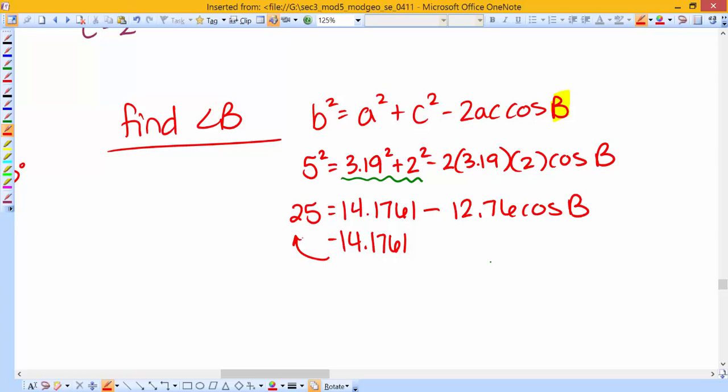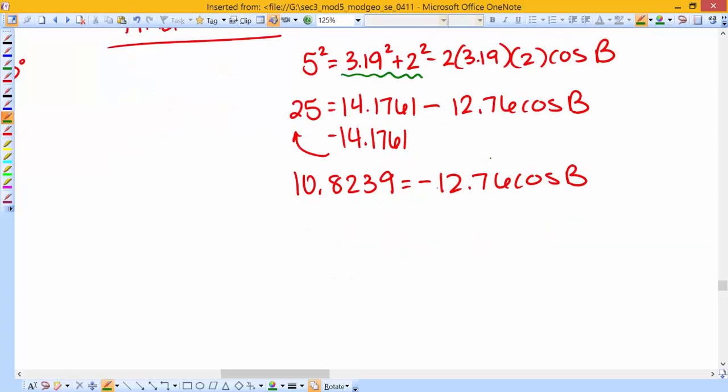25 minus 14.1761. And I have 10.8239. Notice I'm writing the entire decimal. Negative 12.76. Now I'm going to divide.